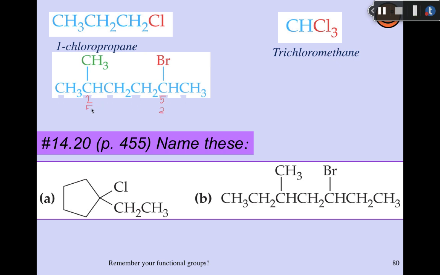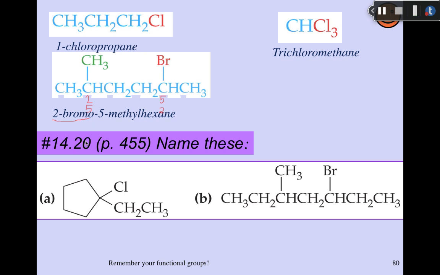And in this case, the name is chosen to put the lower number on the bromine as follows: 2-bromo-5-methylhexane. It does seem a little arbitrary, but the lowest number going to an alphabetically prioritized substituent is consistent with prior naming discussions.